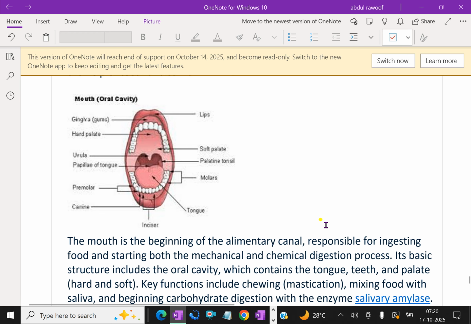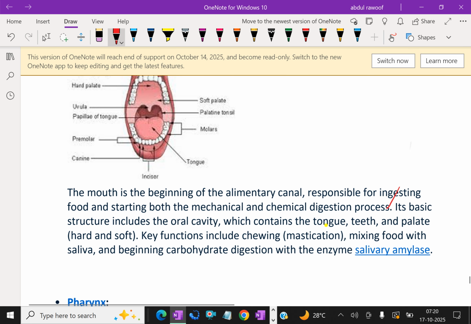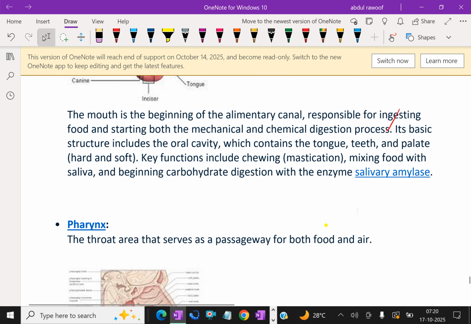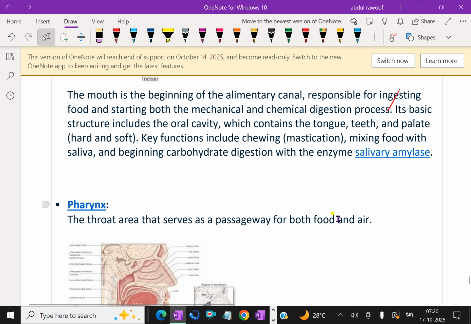Its basic structure includes the oral cavity, which contains the tongue, teeth, and palate. Key functions include chewing, mastication, mixing food with the saliva, and beginning carbohydrate digestion with the enzyme salivary amylase.